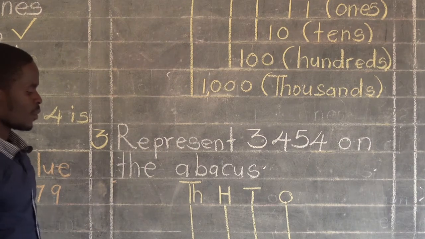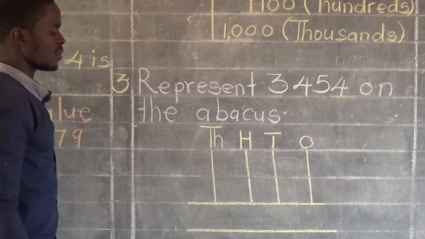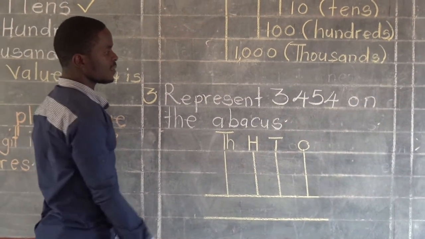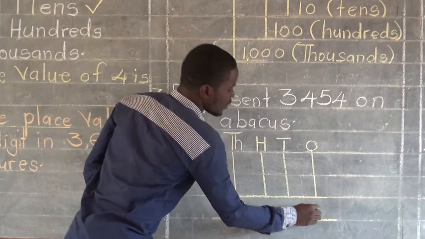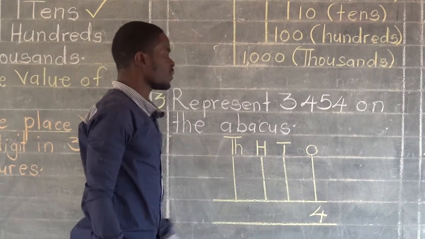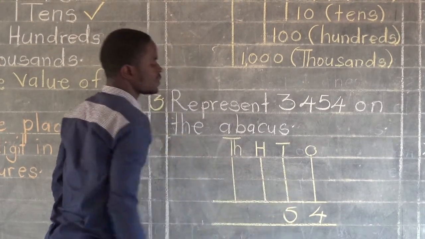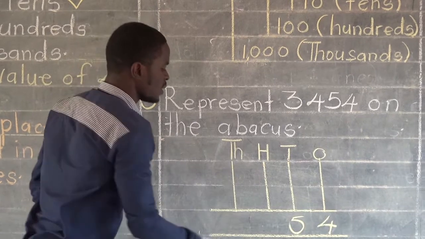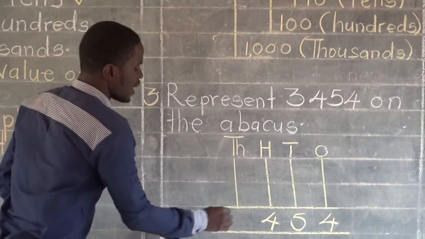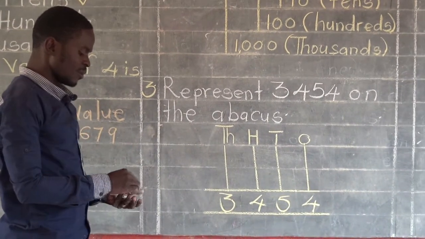So we shall now come down and write our figures there. The first digit was number 4. It will sit right here under the ones place value. Then number 5 will come and sit under the tens place value. Number 4 will sit under the hundreds place value. And number 3 will sit under the thousands place value.